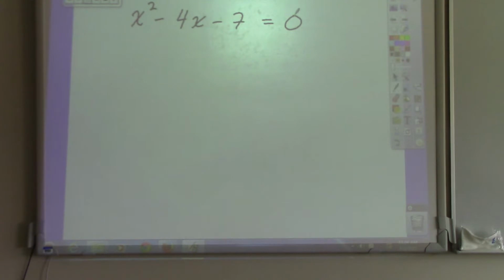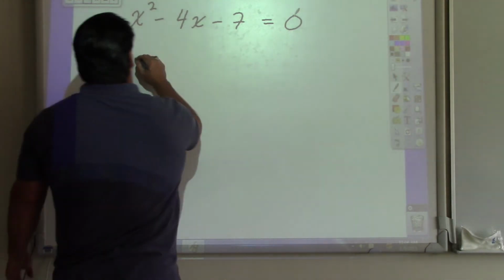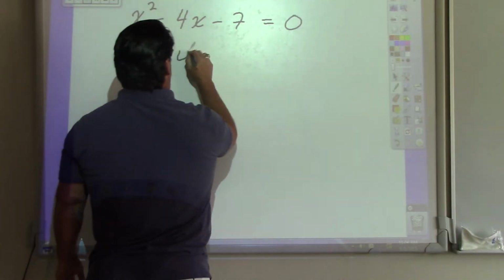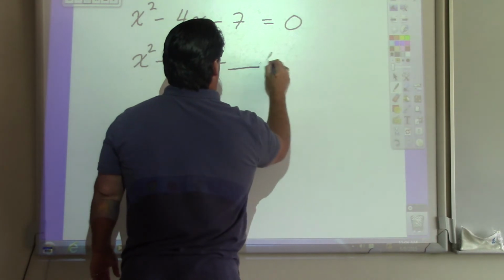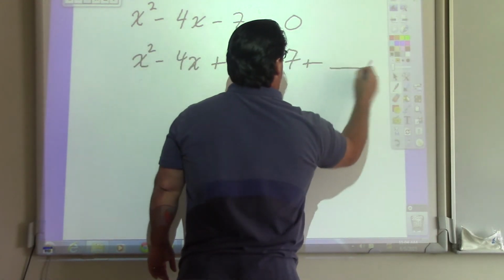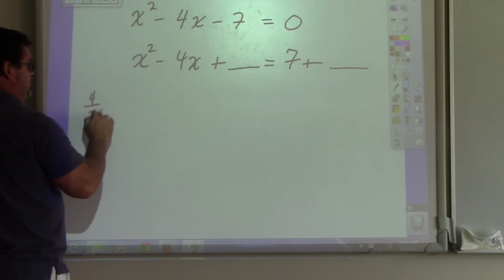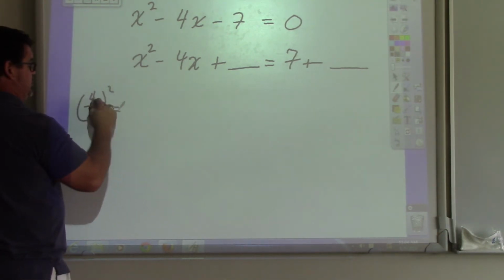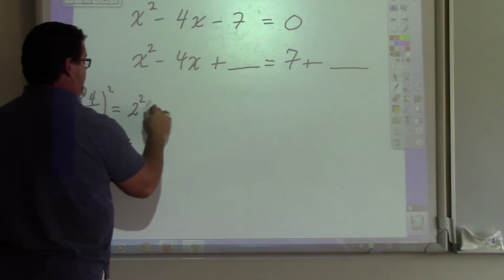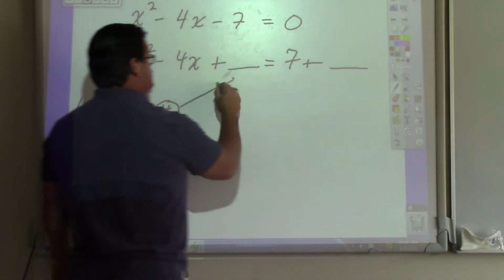Move the 7. Half of 4 is what? 2. 2 squared is? 4. Add 4 on both sides. 4 over 2 is 2. 2 squared is 4.